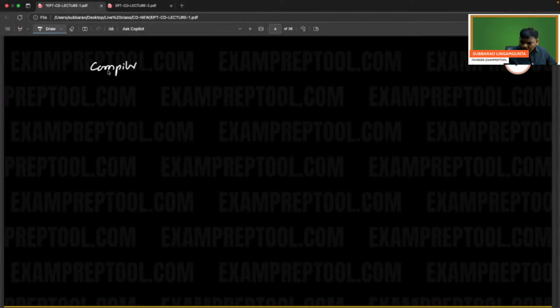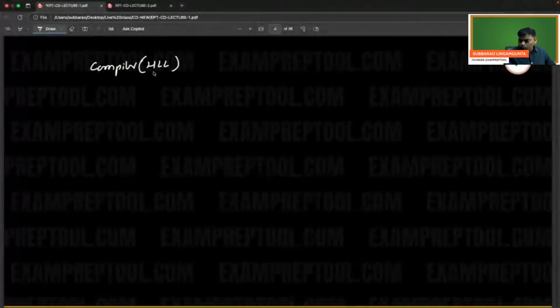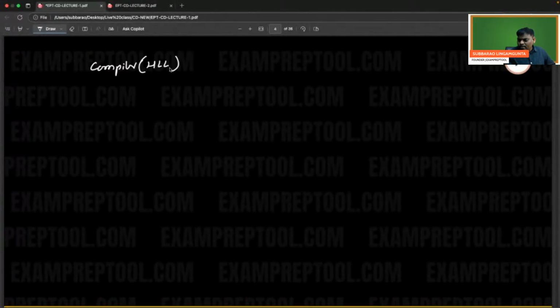Compiler is one function name which will take high-level language as input. Compiler is a program, means it is one function, which will take high-level language as input.